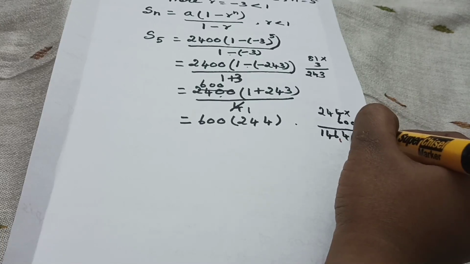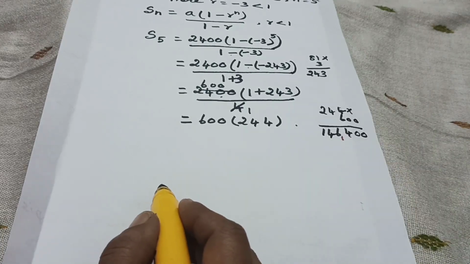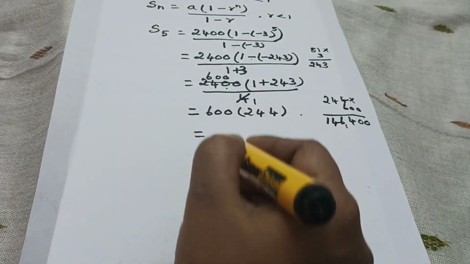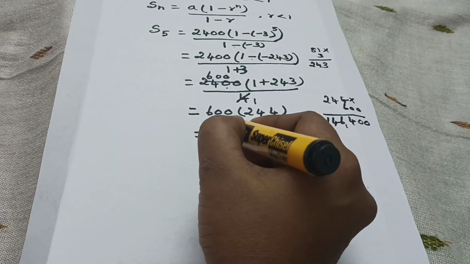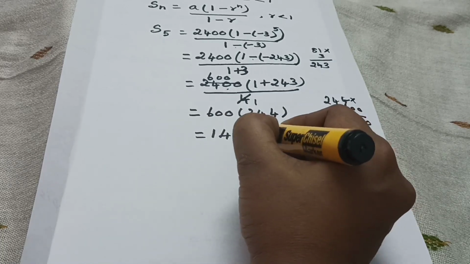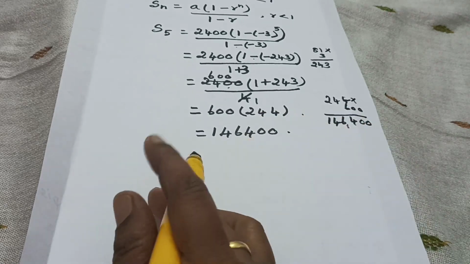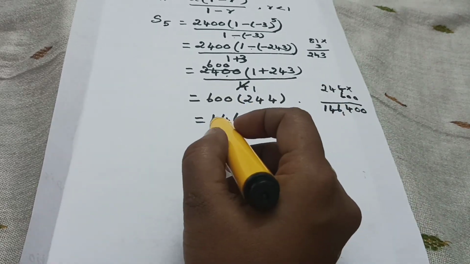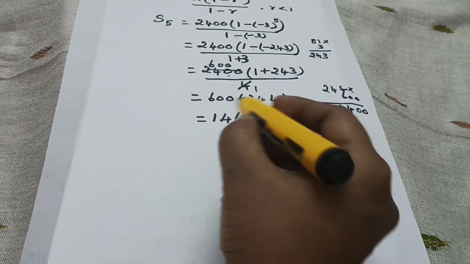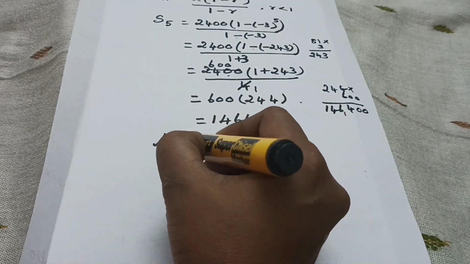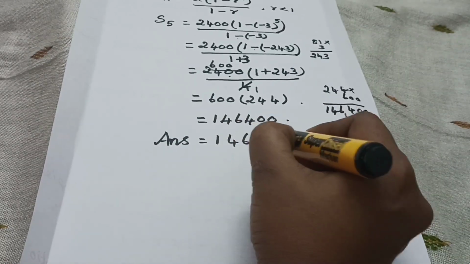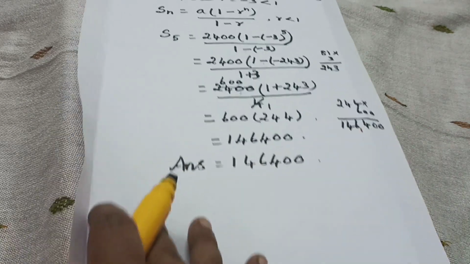This double 0 also add it here. Correct? So we have to write this answer here: 1,46,400. How do you read this one? 1,46,400. Therefore, the answer is 1,46,400.